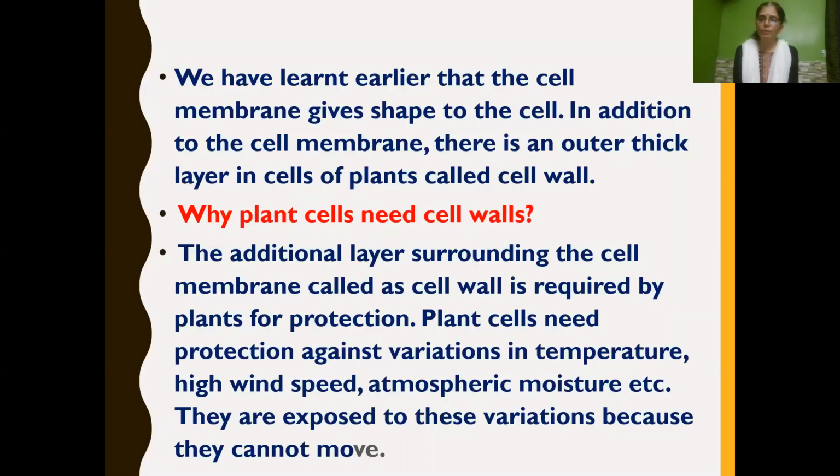Plant cells need protection against variations in temperature, high wind speed, atmospheric moisture, etc. And as plants are exposed to these variations because they cannot move, they need protection. For this, they need a cell wall.